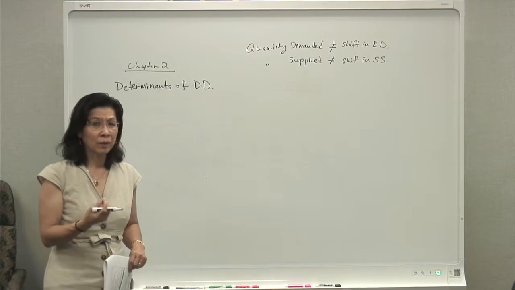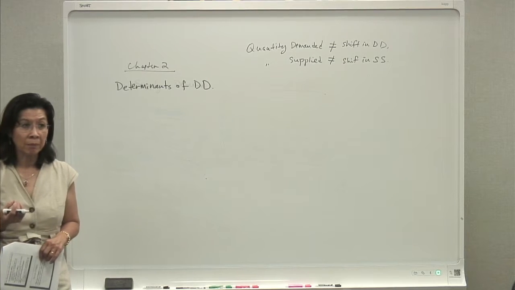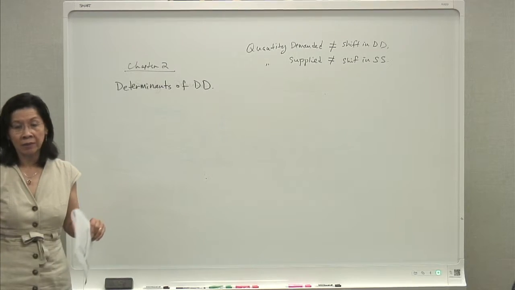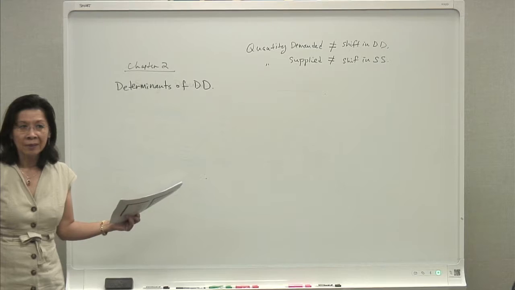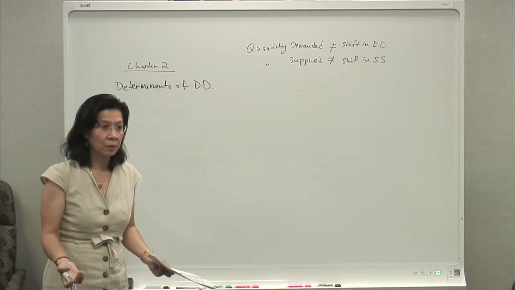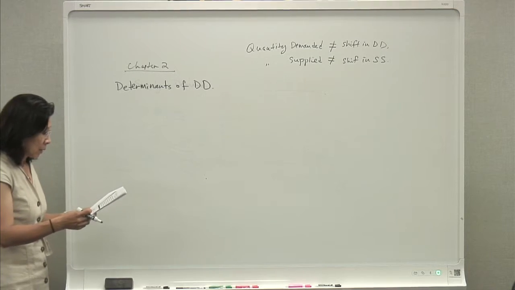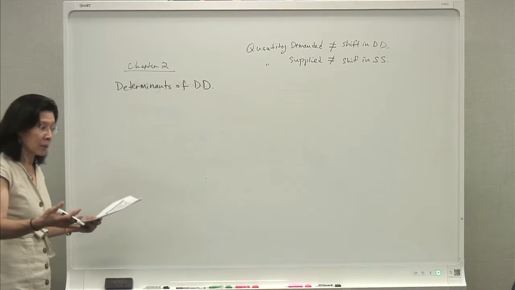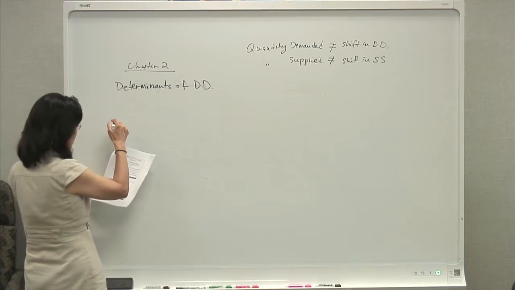We know that price is essential. Price is the number one thing, at least in economics. When you make a decision, if the price is higher, you buy less of a good. These are common goods. But there are other factors that affect your demand. So let's look at them.